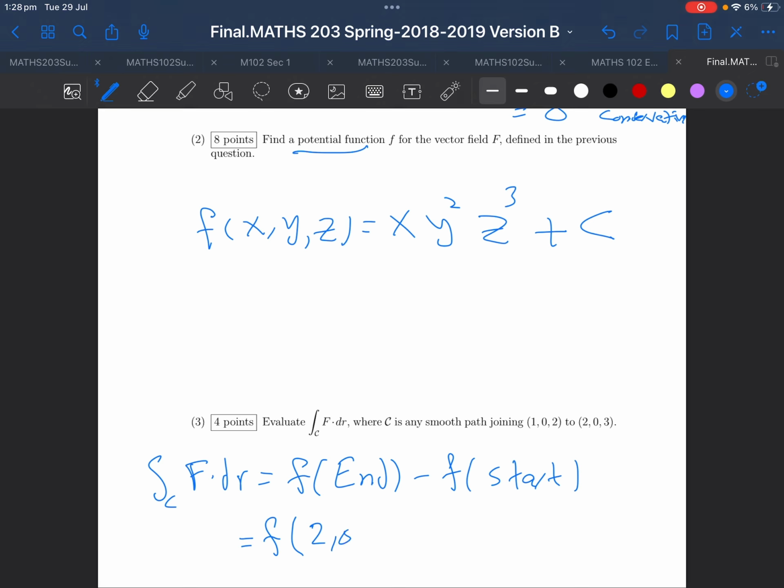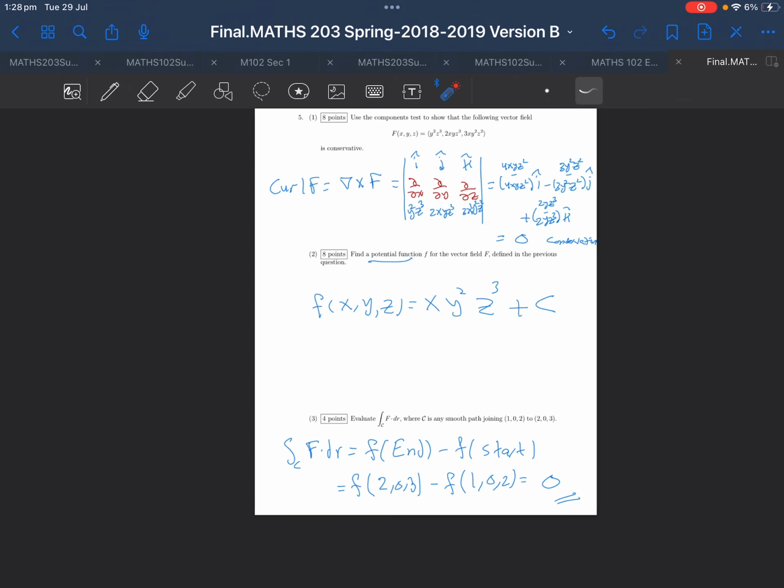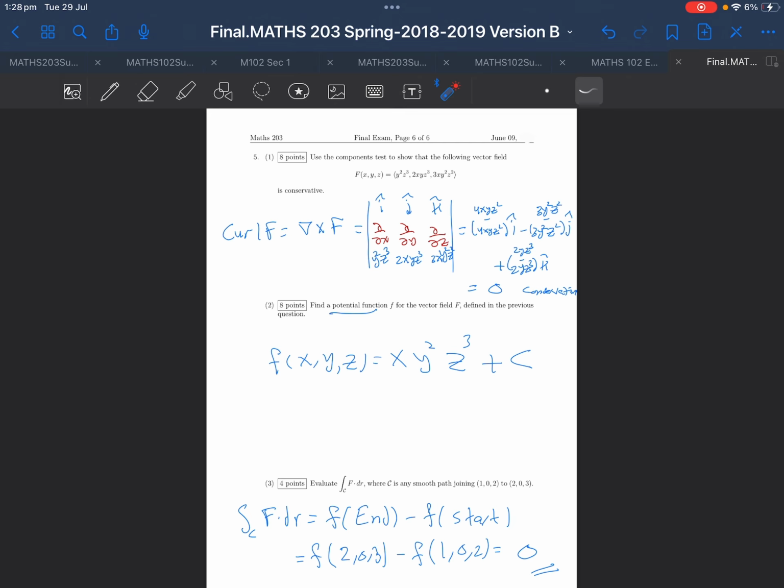So we substitute in f(2,0,3), and then we substitute in f(1,0,2). Because y is 0, we get the answer 0. Why is that? Because if we substitute y equals 0, then we have just 0. And those are the written questions that we have.